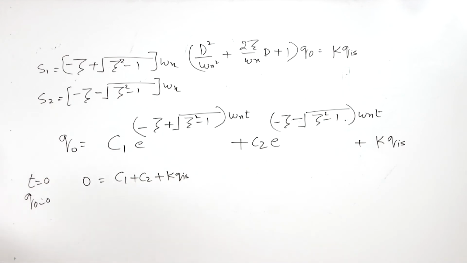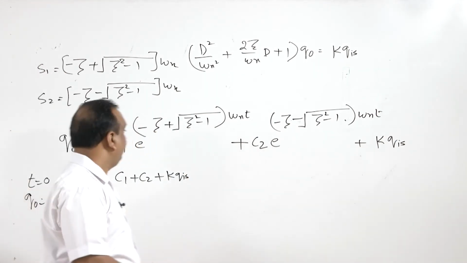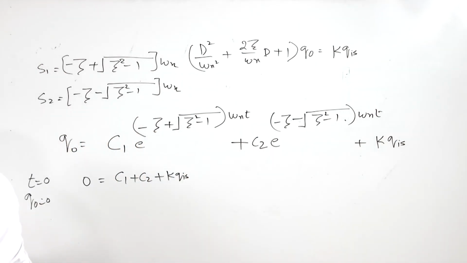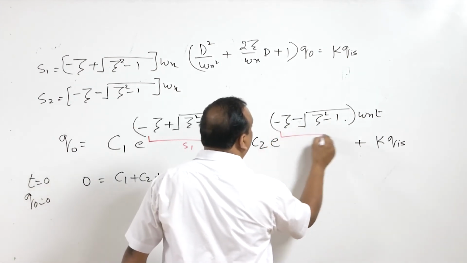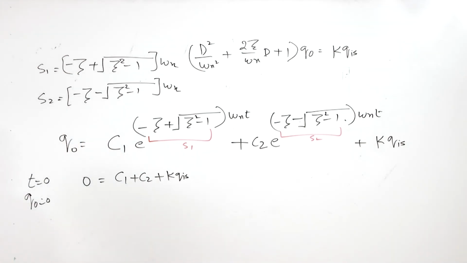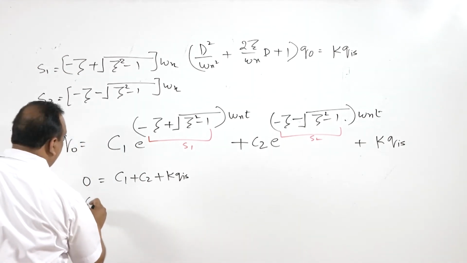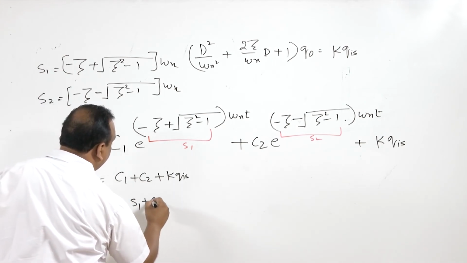Now the other condition is the derivative of this. If we replace this by S1 for the sake of convenience, and this is S2, then differentiating we get 0 is equal to C1 S1 plus C2 S2.